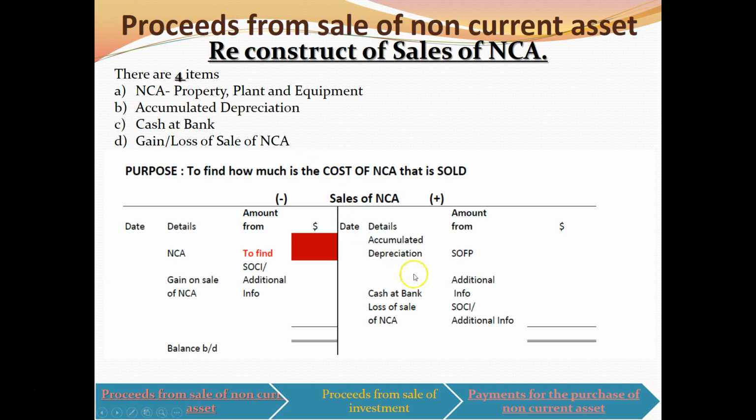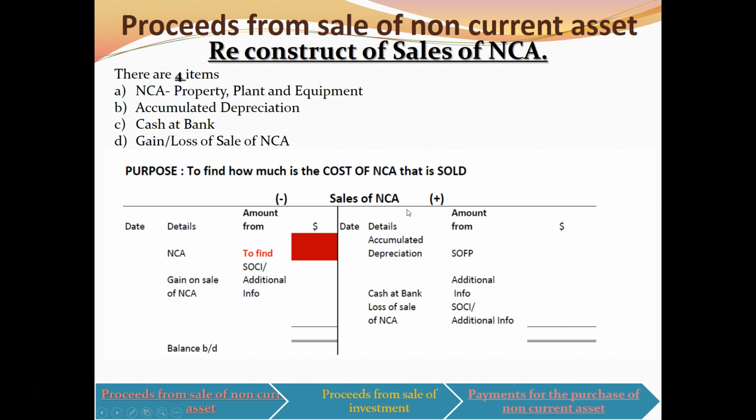The first thing is to understand this account itself. There are 4 items inside this account. The first item will be the non-current asset. If it's property, plant, equipment, we'll write sales of property, plant, equipment.